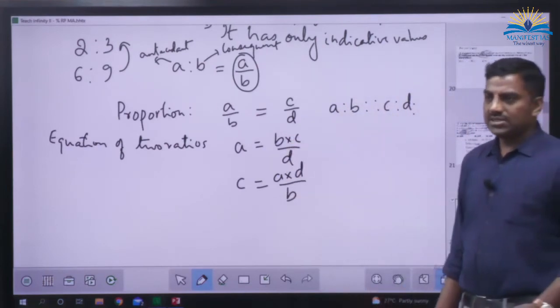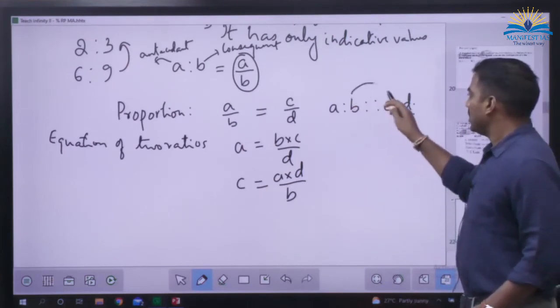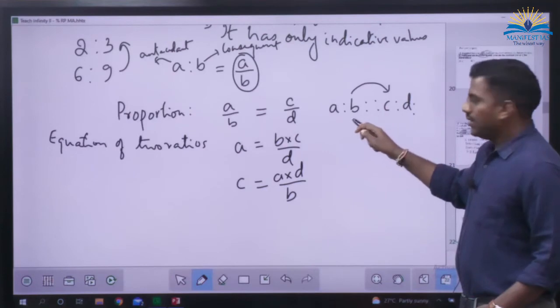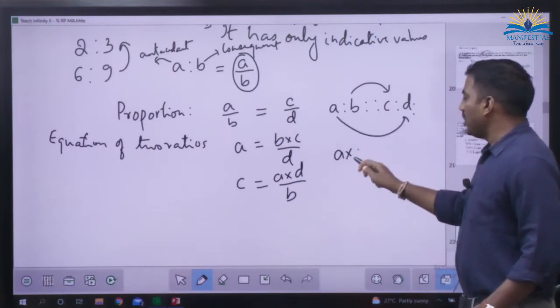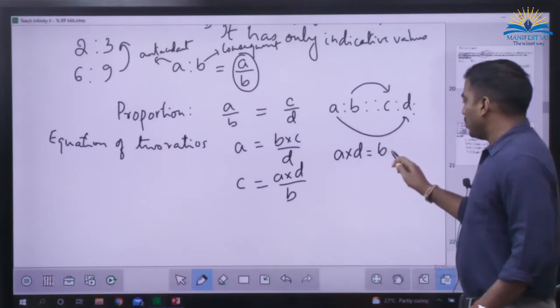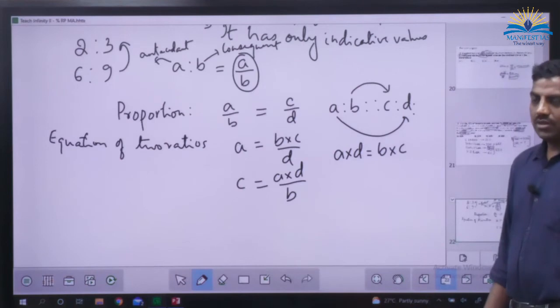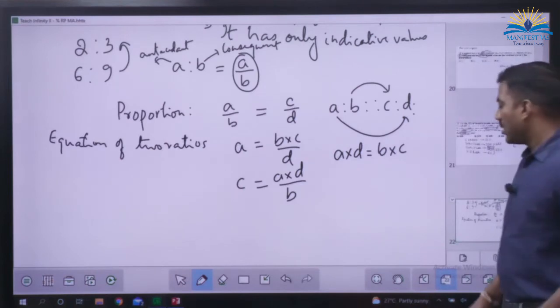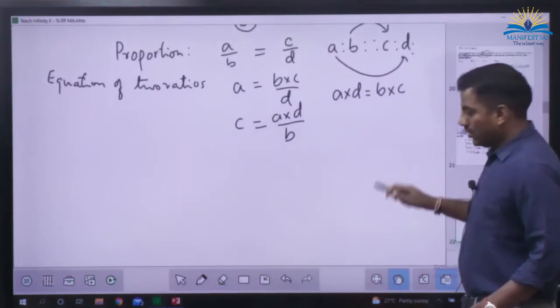Or you can keep it as A into D is equal to B into C. No problem.